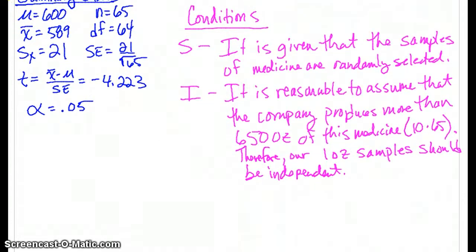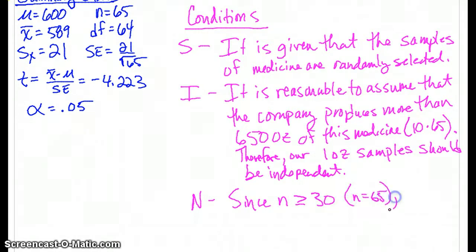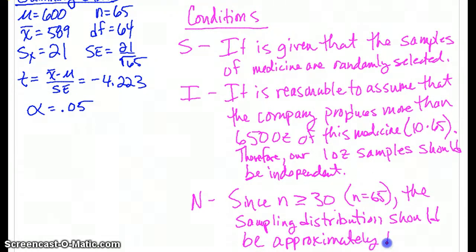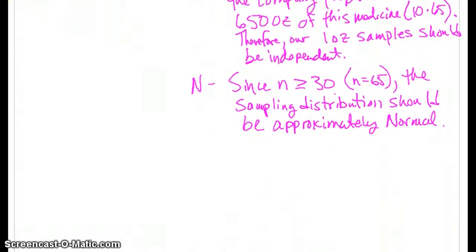All right then. And lastly, for normality, since n is greater than or equal to 30, because n is equal to 65, the sampling distribution should be approximately normal. Now all my conditions have been met.